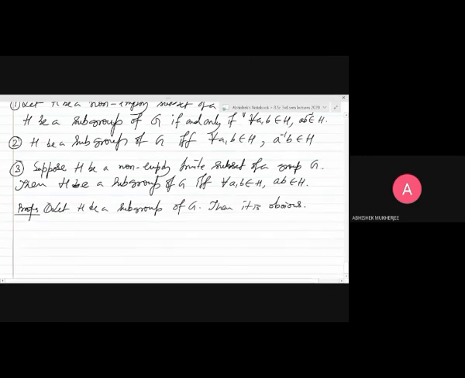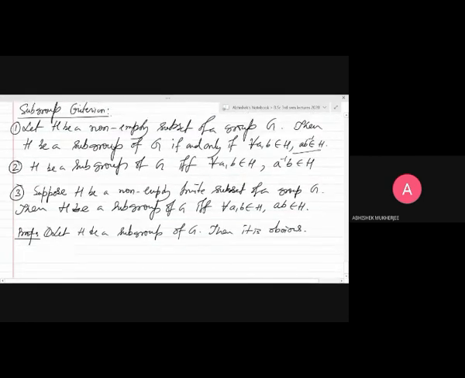Because being a subgroup, you always have this feature. For any a, b belonging to H, b inverse is in H by the criteria that I have already discussed in the last lecture, right?